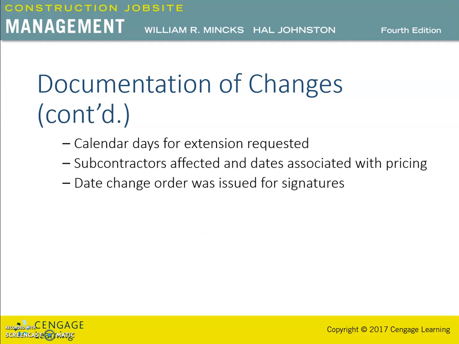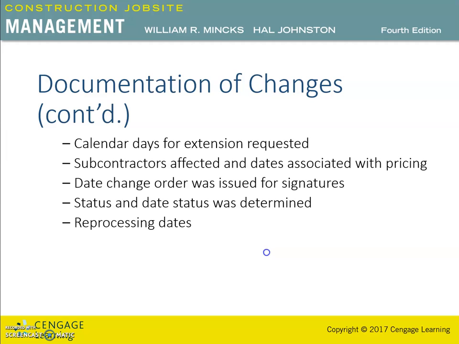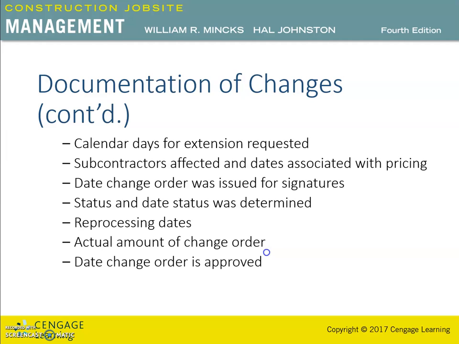A date that the formal change order was issued for signatures, status approved or rejected, and date status was determined, reprocessing dates if required, actual amount of the change order, date change order approved.